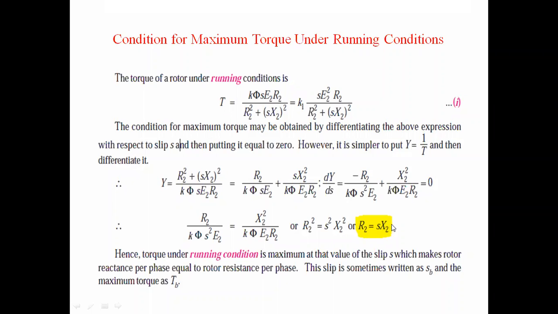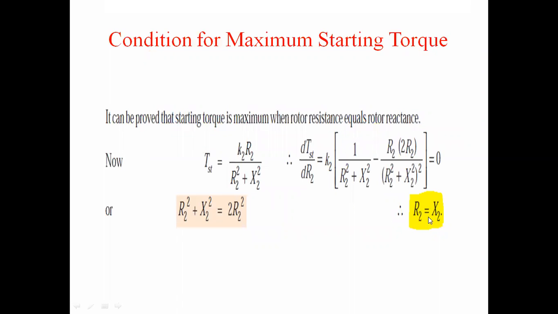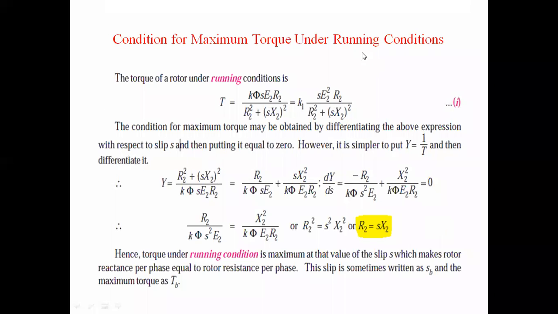इथे स्टार्टिंग कंडिशनला जेव्हा मी स्टार्टिंग टॉर्क कन्सिडर केला, R2 equals X2 आले, कारण स्टार्टिंगला स्लिपची व्हॅल्यू 1 असते. स्लिप म्हणजे डिफरन्स बिटवीन सिंक्रोनस स्पीड अँड ऍक्च्युअल स्पीड. पण जेव्हा मोटर रनिंग कंडिशनला असते तेव्हा स्लिप 1 नसते, ती 0 ते 1 च्या बिटवीन असते.